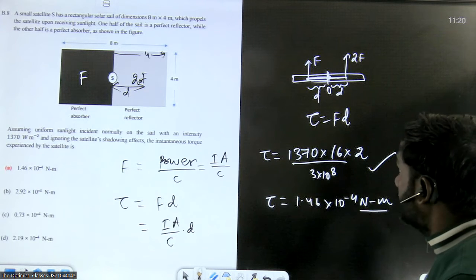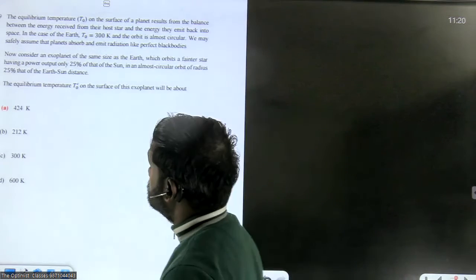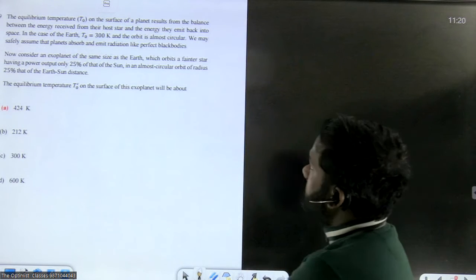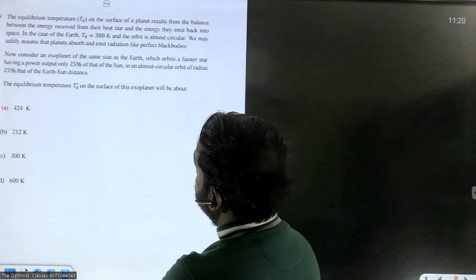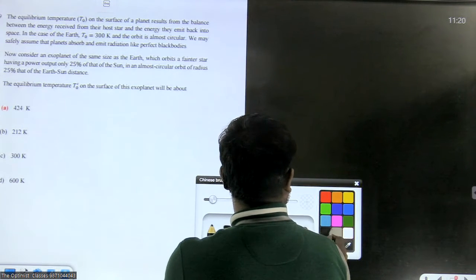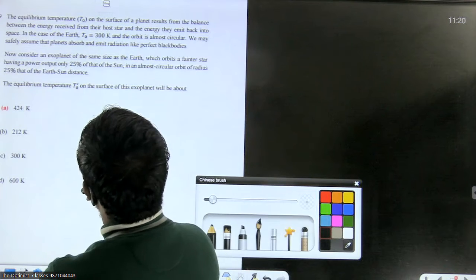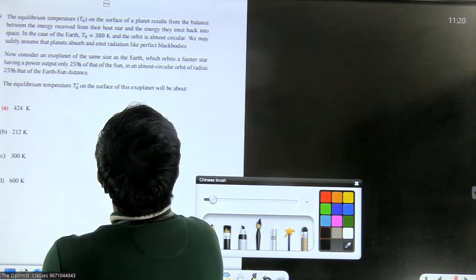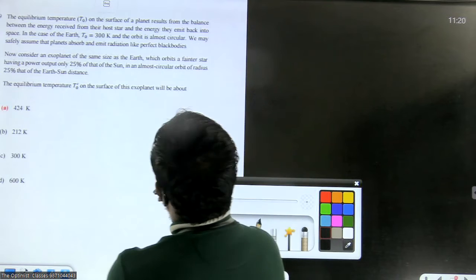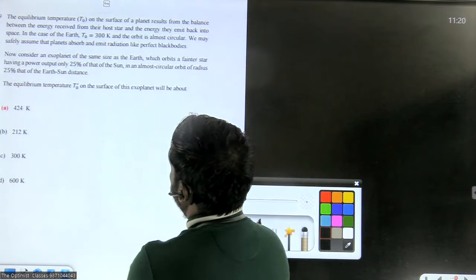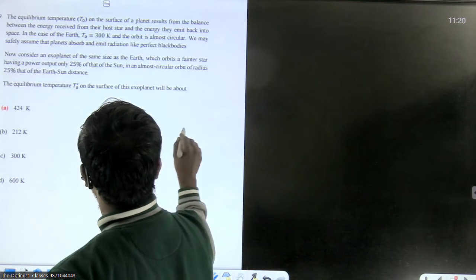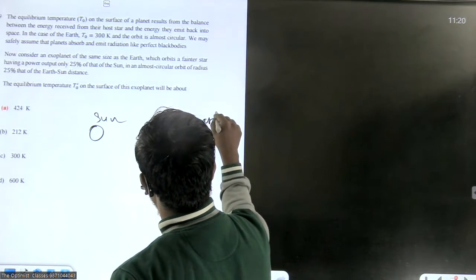Now let's do this question. It says the equilibrium temperature T naught on the surface of a planet results from a balance between the energy received from the host star and the energy it emits back into space. The situation is something like this. Suppose this is the Sun and this is the Earth.